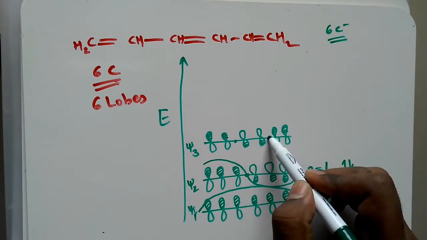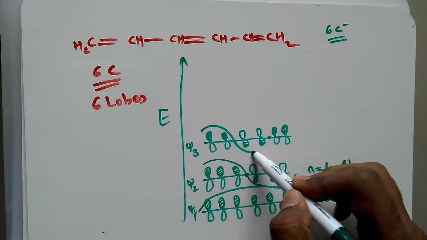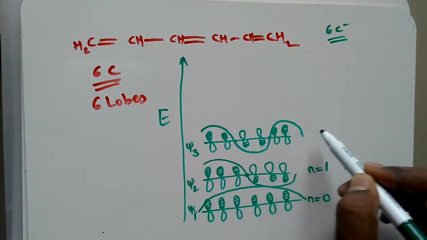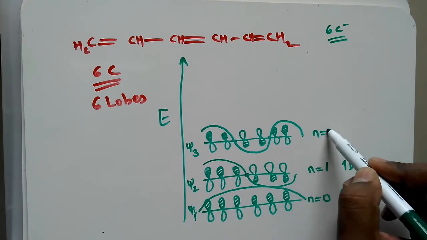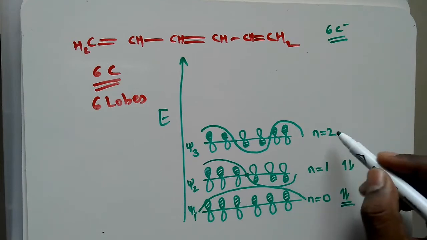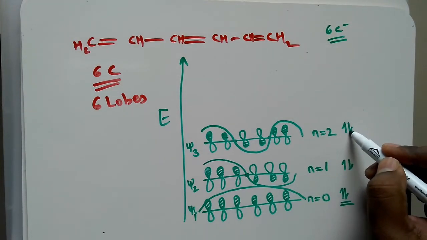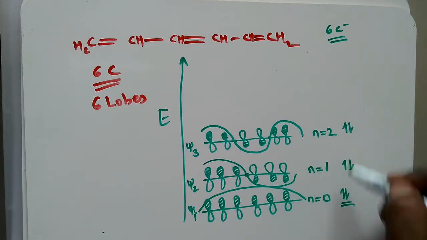So in this case we have another node over here. This is the wave I am drawing. So the nodes are 2. We have 6 electrons, so another 2 electrons will come here. So total 6 electrons are done.